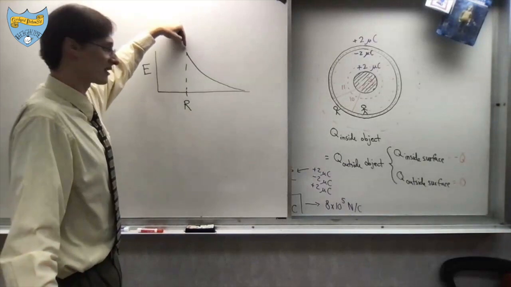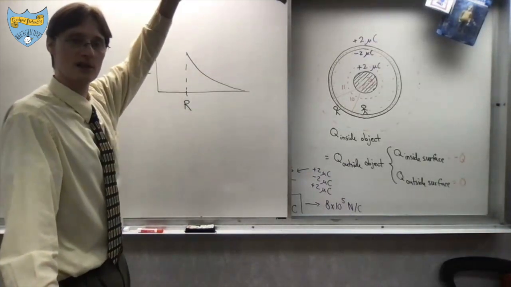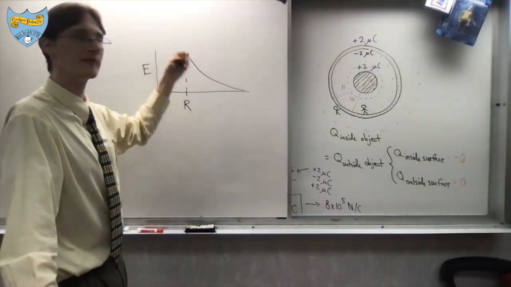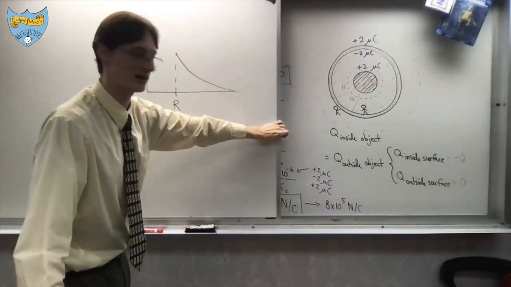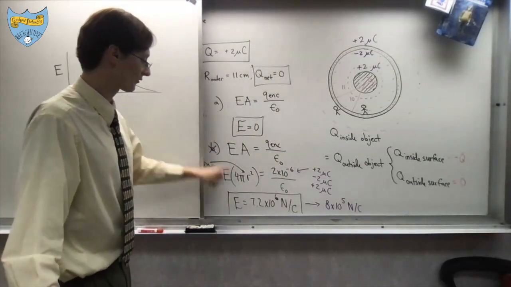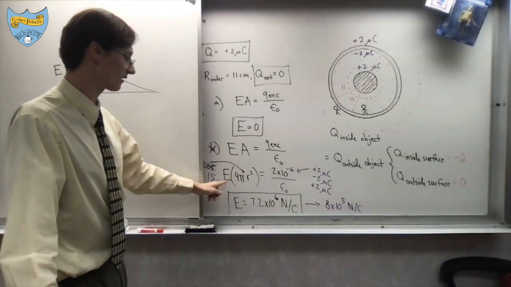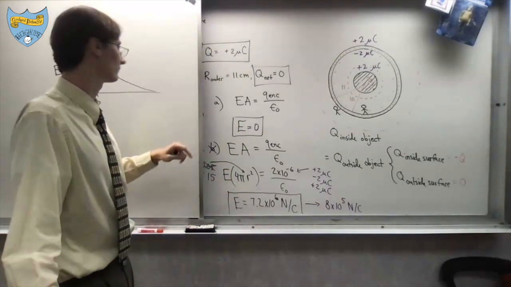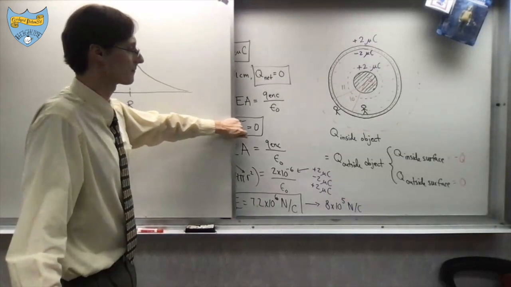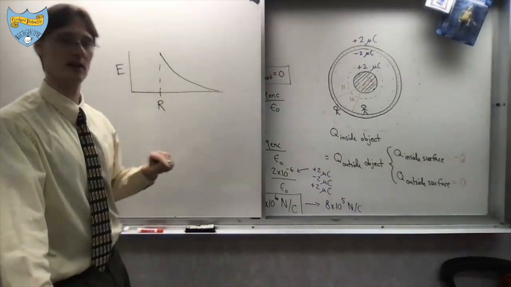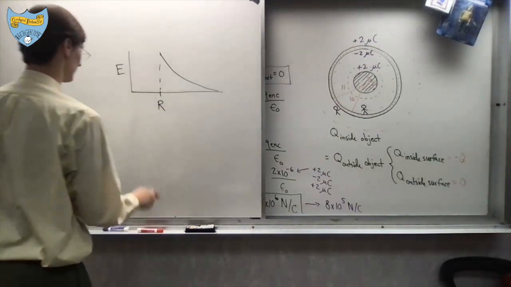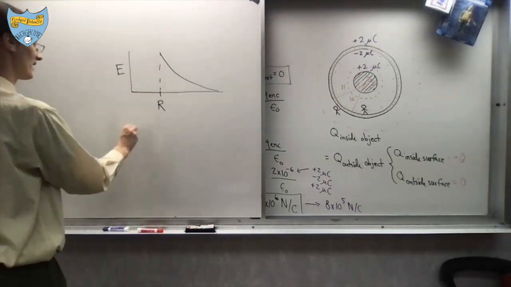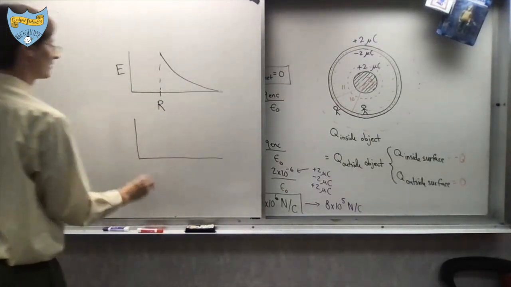But as soon as you reach the surface, it suddenly jumps up to whatever the maximum value is, and then drops off as you move away from it, because after all, as R gets bigger, E is going to get smaller. All right, fine. Now, this one's a little bit more interesting, and we have several other R's that we've got to label here, but still this basic idea is going to be correct.